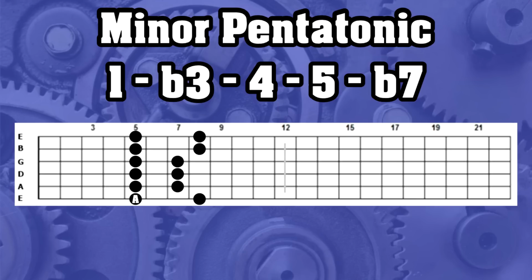Play the shape here starting on the 5th fret and it's the A minor pentatonic scale. Play the shape here starting on the 7th fret and it's the B minor pentatonic scale.